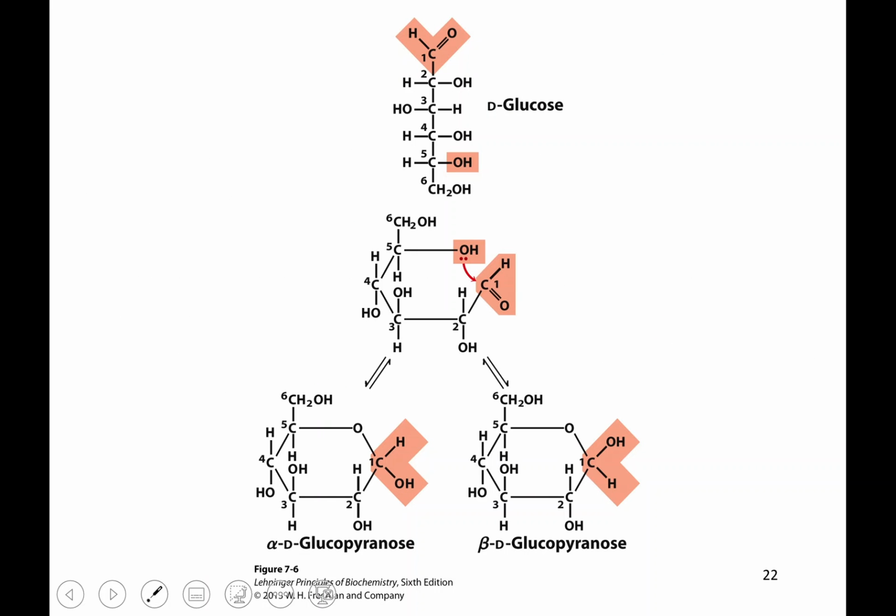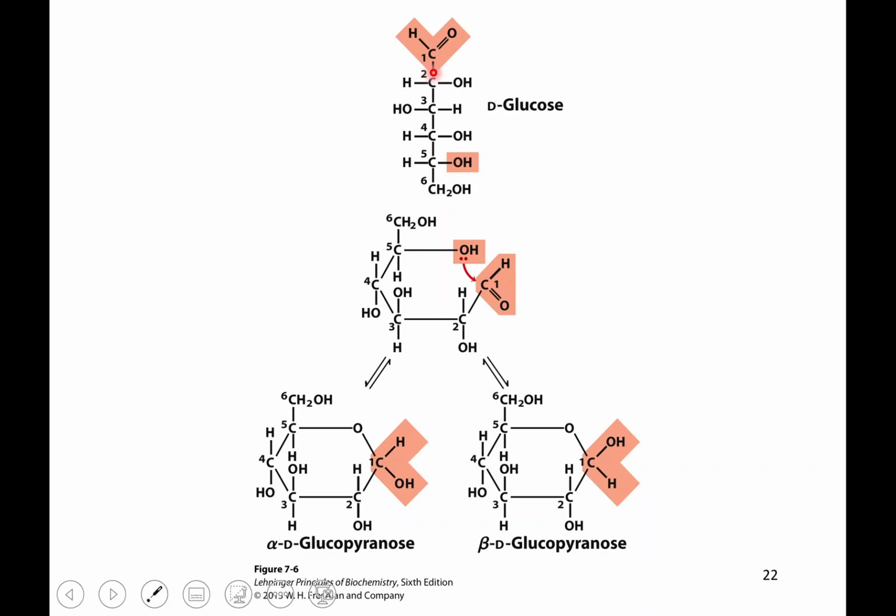All right, so let's look at this in glucose. In glucose, the open form is shown here, right? For glucose, we can form a ring structure if we have an attack from the OH group on carbon 5 attacking the carbonyl group at carbon 1, right? That's going to make, let's see, 1, 2, 3, 4, 5, and a 6 membered ring.